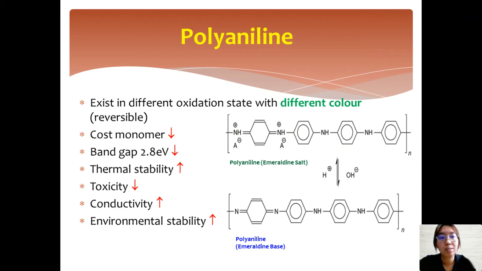Polyaniline can be synthesized through chemical oxidative polymerization by using the low-cost aniline monomer, and it also has a very low band gap which can utilize visible light. It also has other properties such as good thermal stability, low toxicity, high electrical conductivity, and environmental stability.